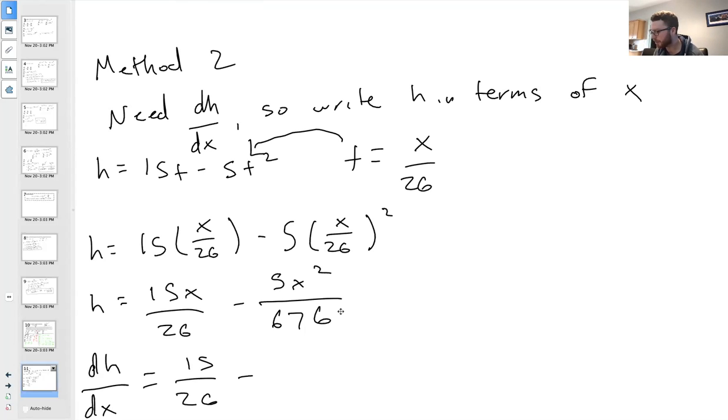And the derivative of 5x squared will be 10x, and we're just deriving the numerators. Then again, like we did, we can reduce this 10x over 676 by dividing by 2.